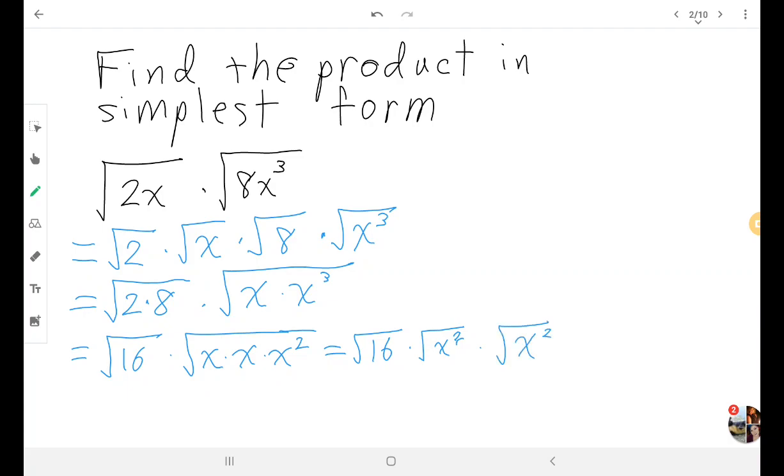Now squares and square roots cancel each other, so this square root and this square cancel, this square root and this square cancel, and then the square root of 16 asks you a question.